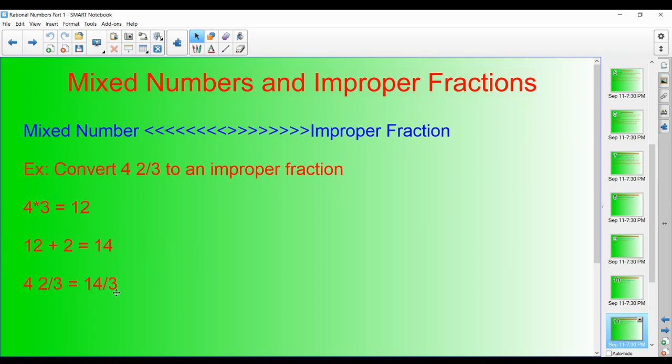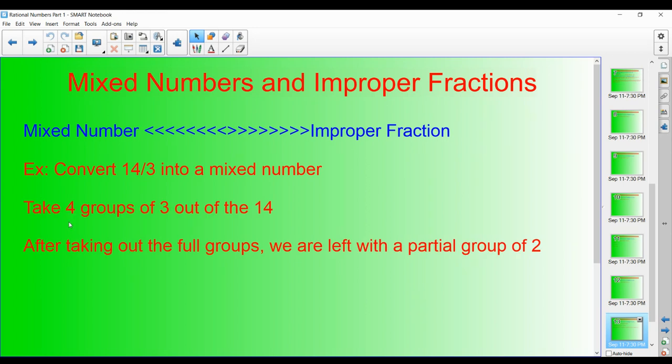Now we can work the other way, where we start with 14/3, the improper fraction, and we have to change it to a mixed number. So we have to pull out full groups and then see what our remainder is. So for 14/3, we can take 4 full groups out of 3. 4 groups of 3 is 12. And then we're still going to have a partial group of 2.